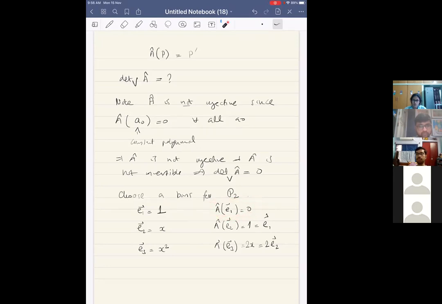This 0 is the 0 in the vector space P2, the zero function. A hat of E2 is the derivative of the polynomial x, which is the constant function 1, which is E1.